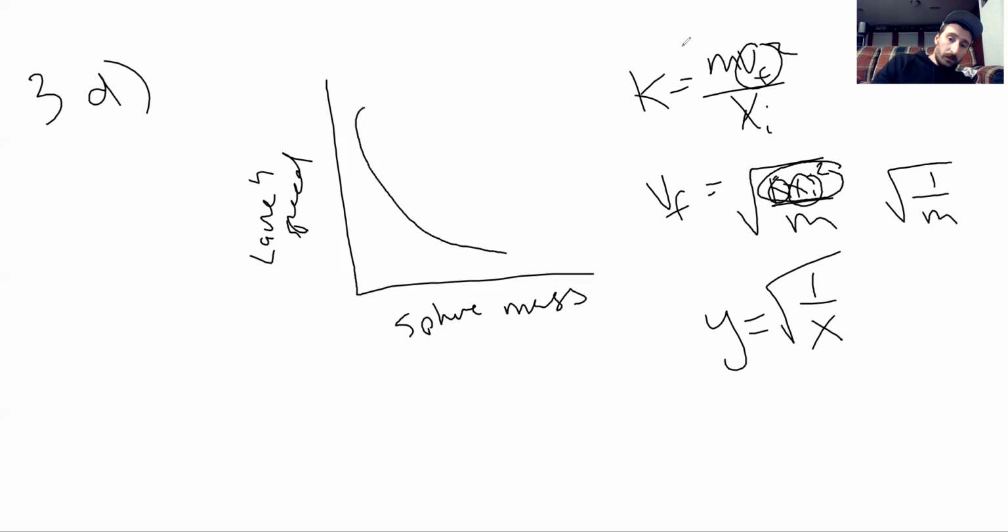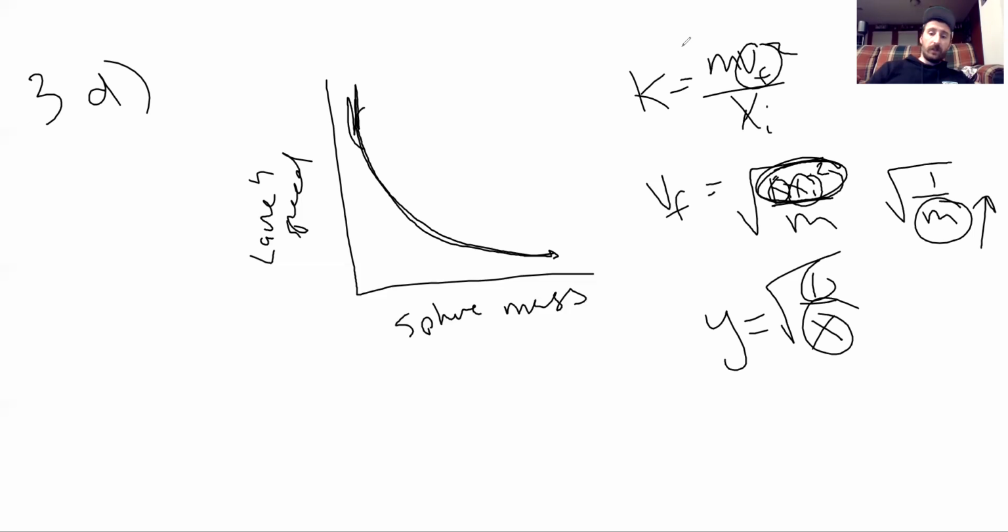It's going to look something like that. All right, hopefully that makes sense. We can set this to 1 because these stay the same. It doesn't matter. The only thing that's changing is your X variable, in other words, your mass. All right, as your mass increases, all right, your velocity is going to decrease. That's exactly what this graph here says. All right, so that makes it done for number 3.